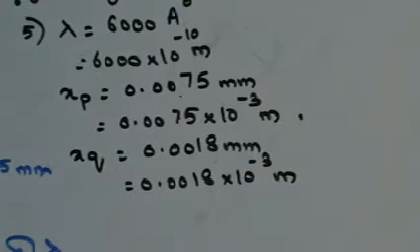How many bright and dark bands are there between P and Q?